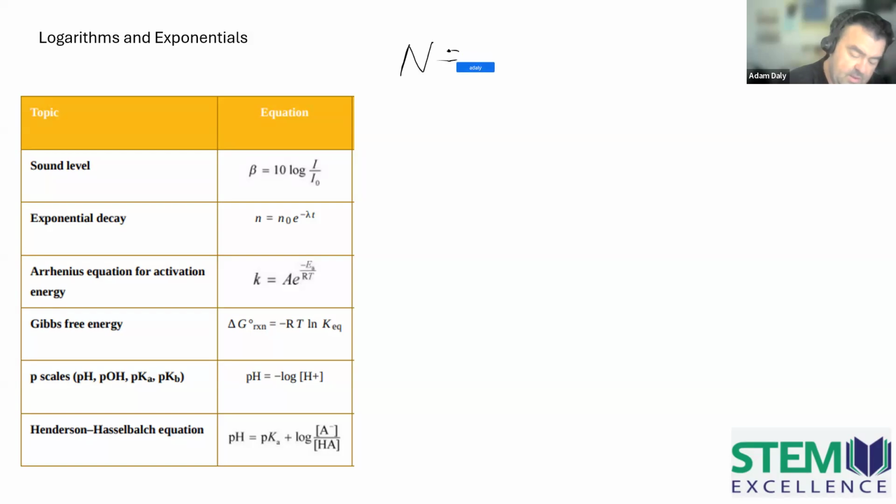So for N equals N0 e to the minus lambda t, solve for t.